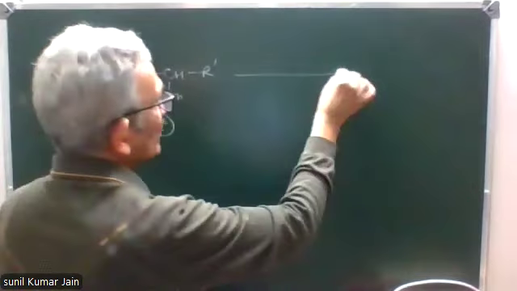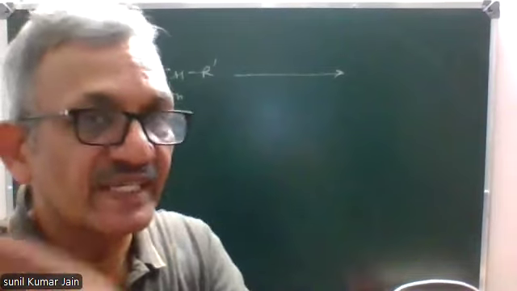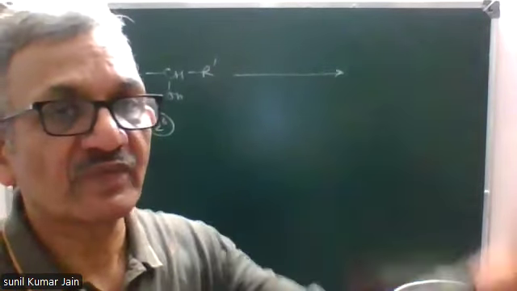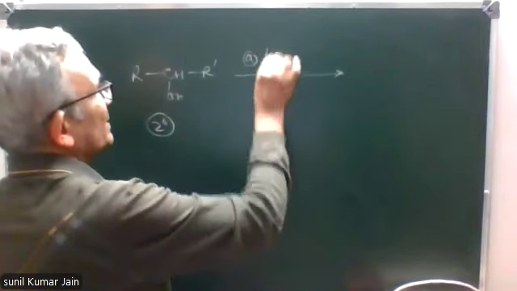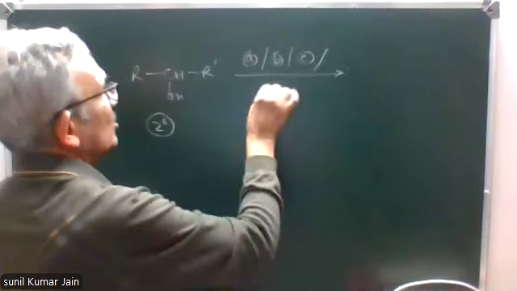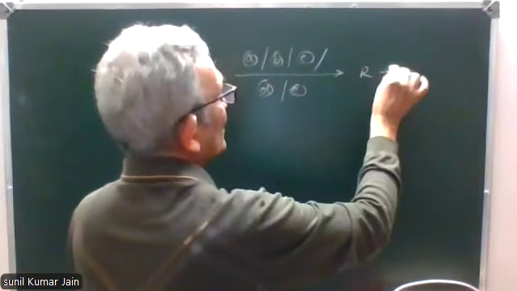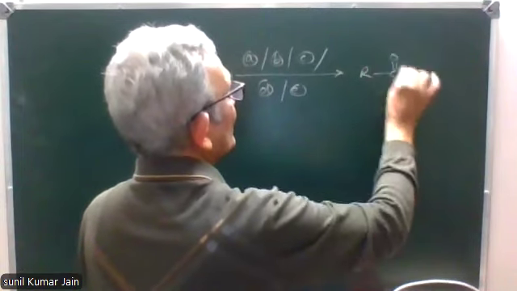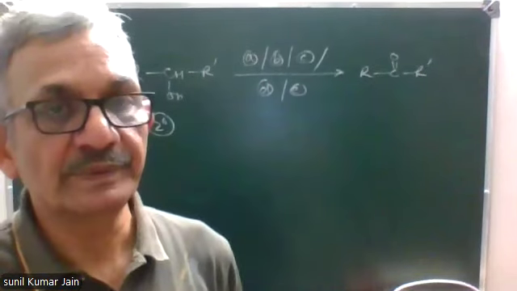This is secondary alcohol. In this case, use any oxidizing agent, the product will be a ketone. So we use A or B or C or D or E. Product is a ketone.